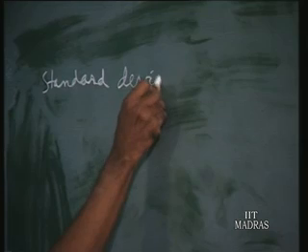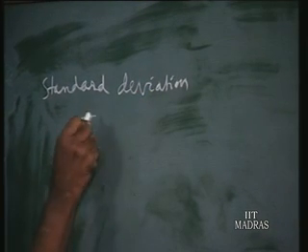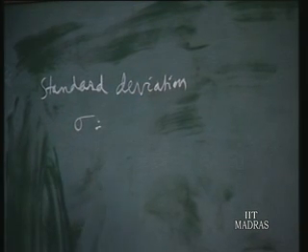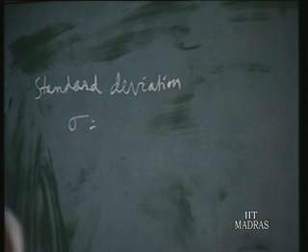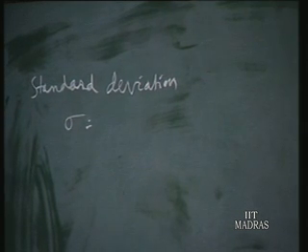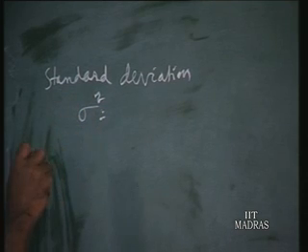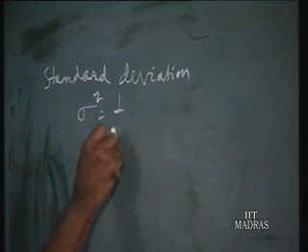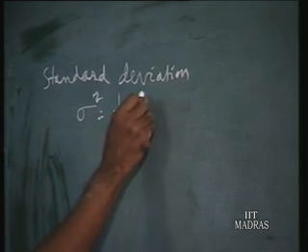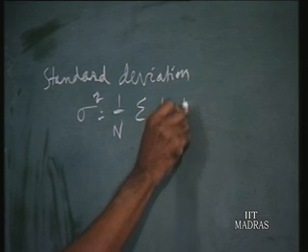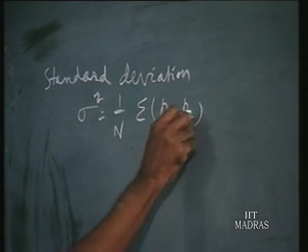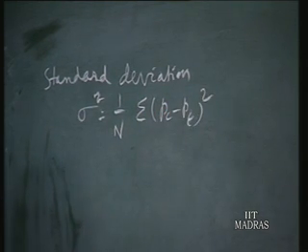that is sigma. This is what we have to find out for a given set of readings. If sigma is the standard deviation, then sigma square is equal to 1 by n sigma of pc minus pt the whole square, where pc is the corrected value.